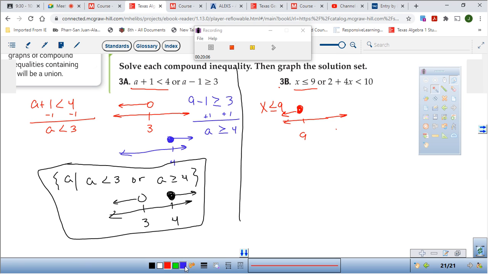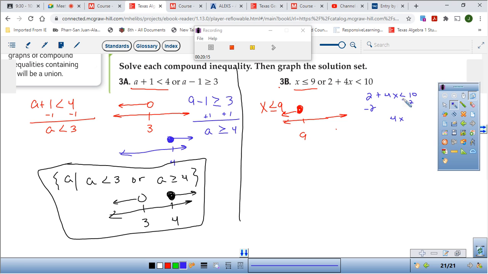This one over here in blue, I have 2 plus 4x is less than or equal to 10. I want to go minus 2, minus 2. I'll go with 4x less than or equal to 8. Divide by 4, divide by 4.